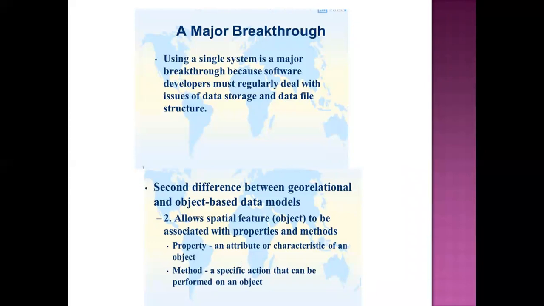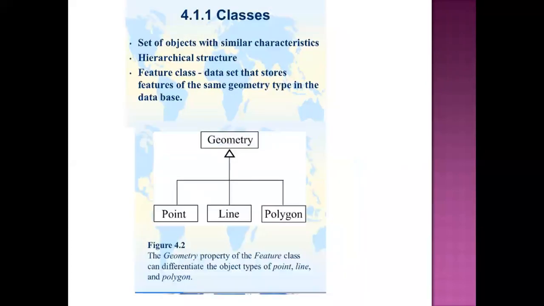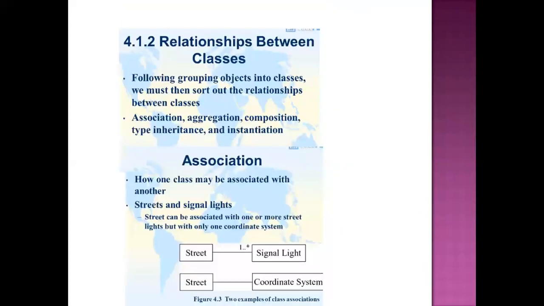A method is a specific action that can be performed on an object. Classes are sets of objects with similar characteristics, in a hierarchical structure. A feature class is a dataset that stores features of the same geometry type in the database. Geometry contains point, line, and polygon. In this figure, the geometry properties of a feature class can differentiate objects of point, line, and polygon.